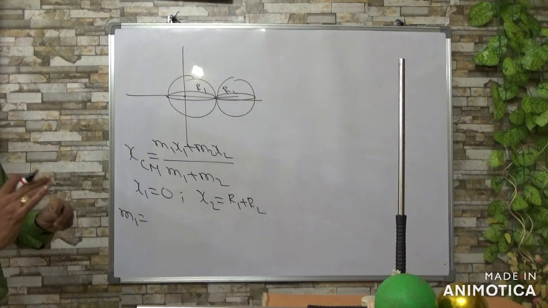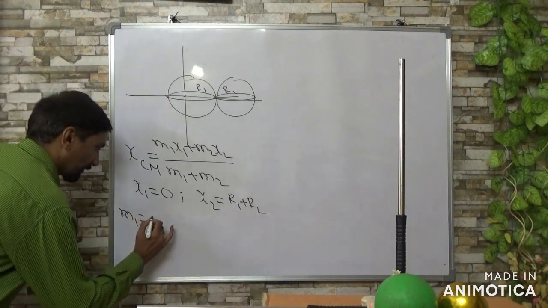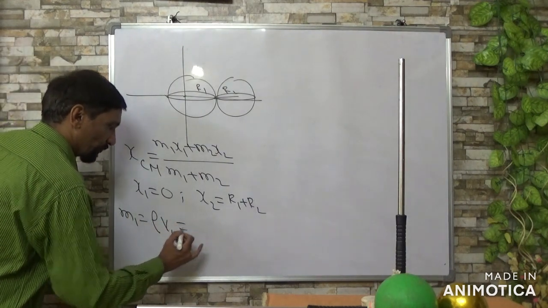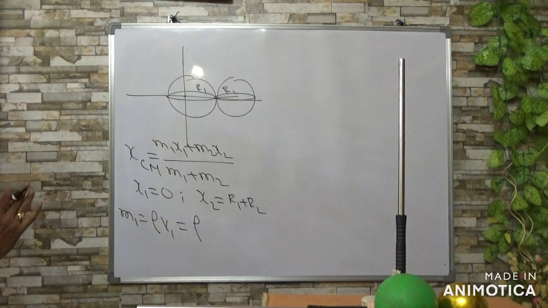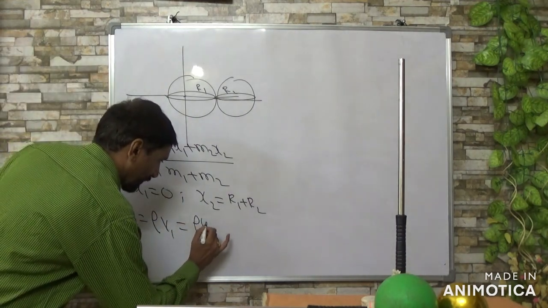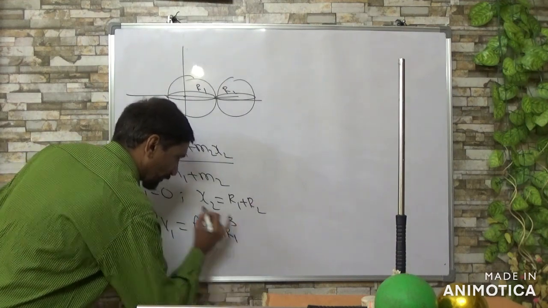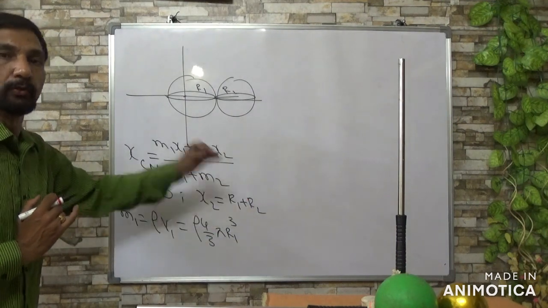Now about the mass of the first body. Whenever mass is not known, instead of mass you take density into volume, right? So rho into volume. The volume of a sphere is 4 by 3 pi r cube. So for the first one it is 4 by 3 pi r1 cube.